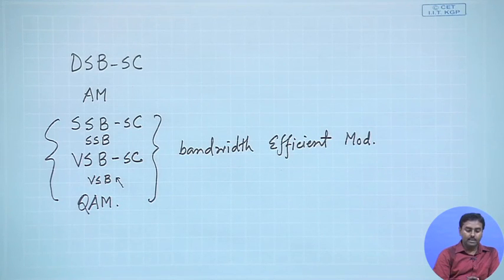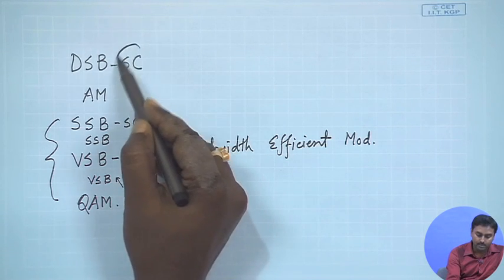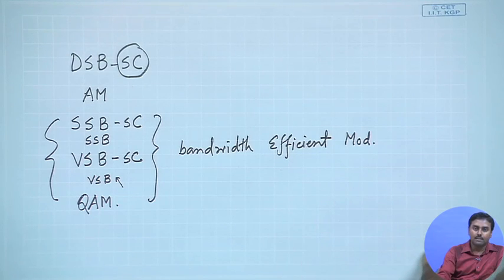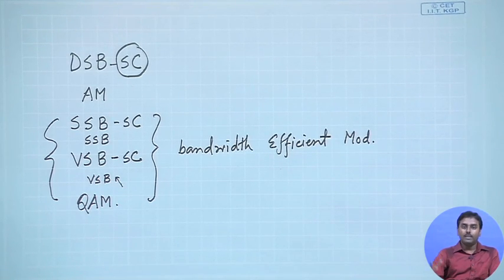So, those are with carrier, and wherever we are suppressing carrier, we write with this term SC. So, let us try to see a comprehensive summary of all this, the relative advantages, disadvantages, what can be done, what cannot be done. Let us just try to summarize all these things, because we have already covered all of them.